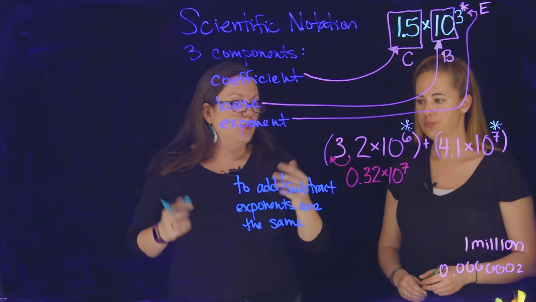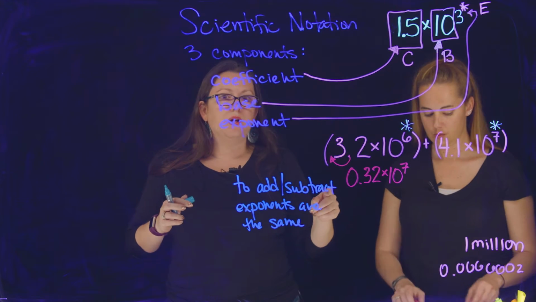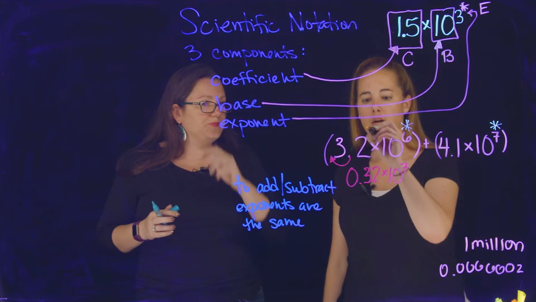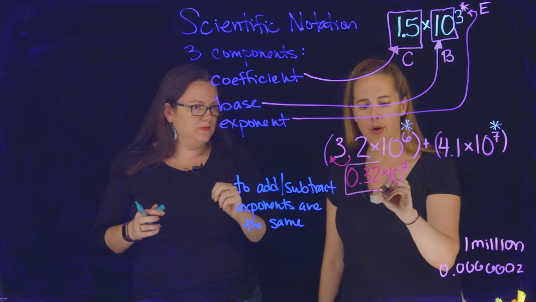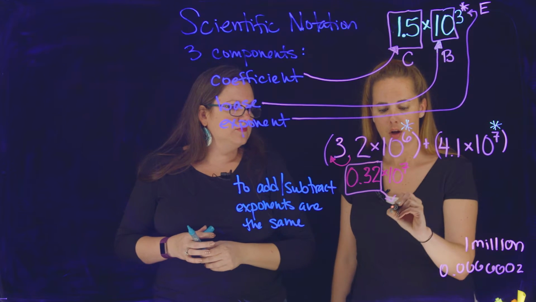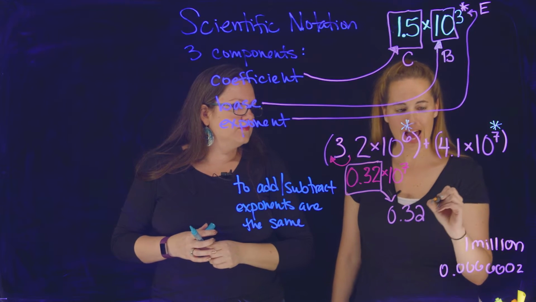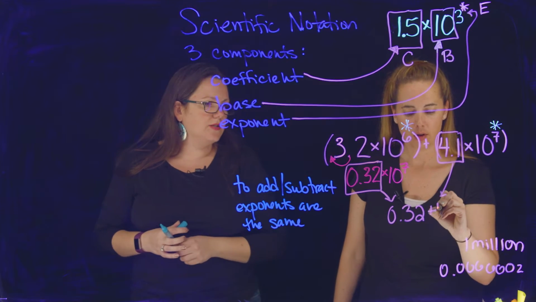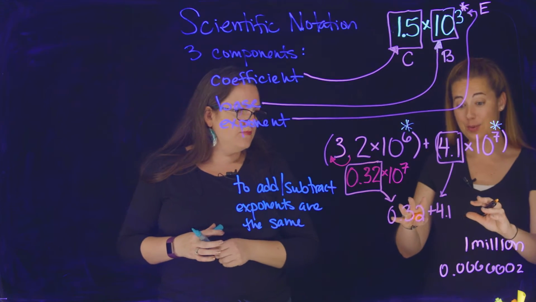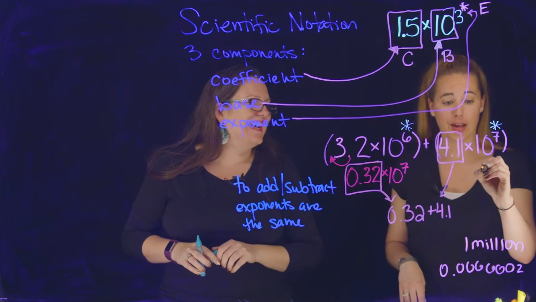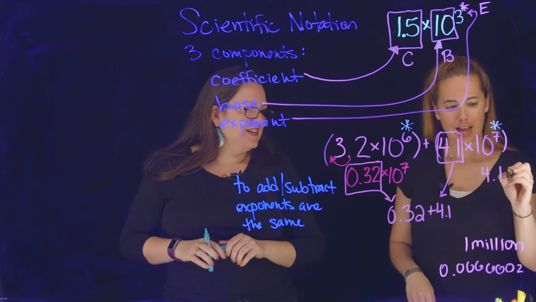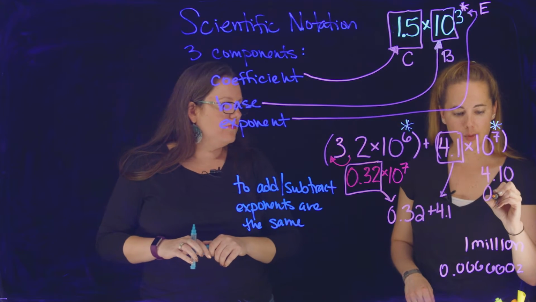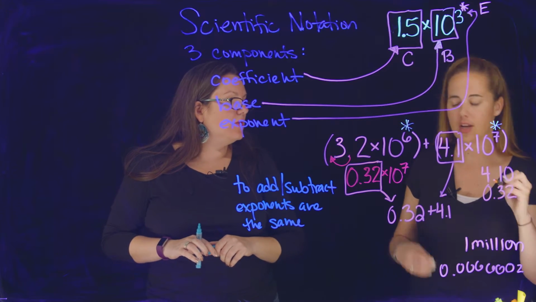When we're performing an addition, all we're going to do is add together our 2 coefficients. So I take this 0.32, and then I add that 4.1. Is that correct? That is correct. This is pretty simple math. I'll put a 0 as a placeholder because I have 0.32 and I want to keep things straight.